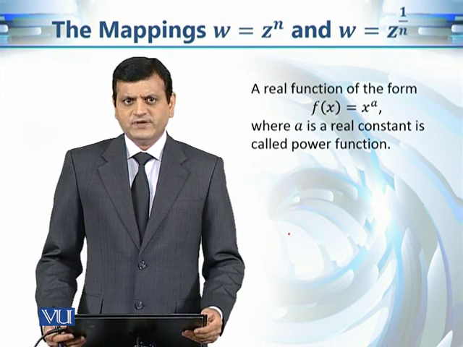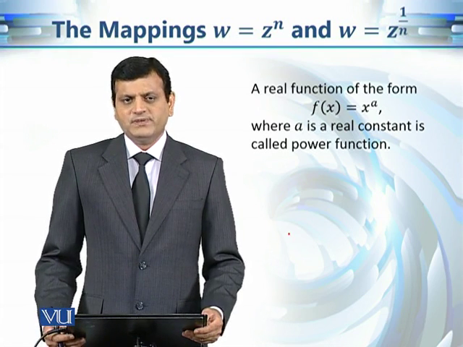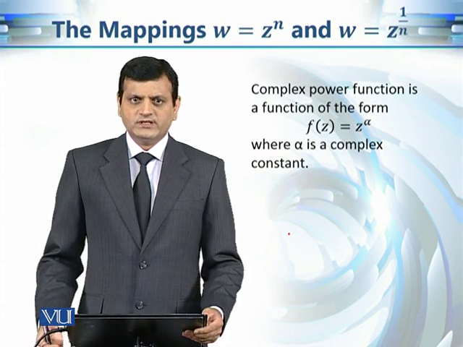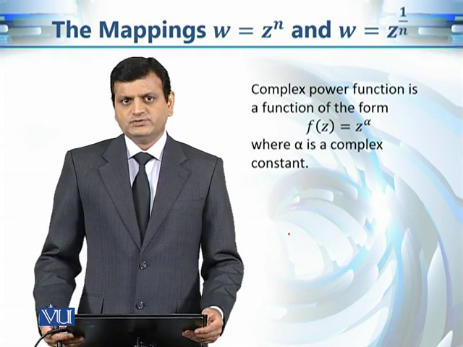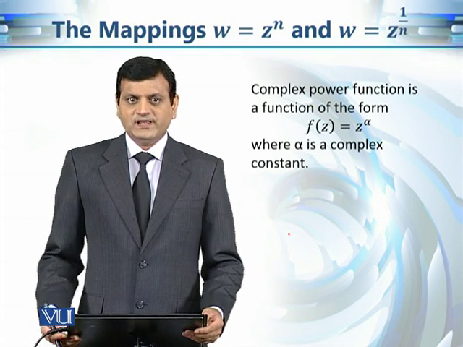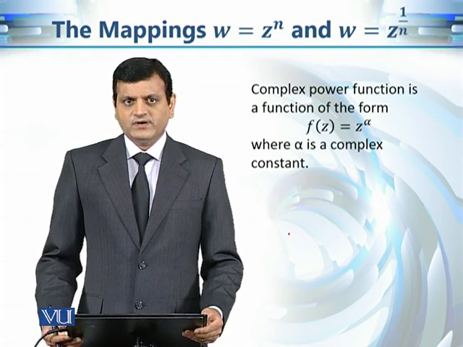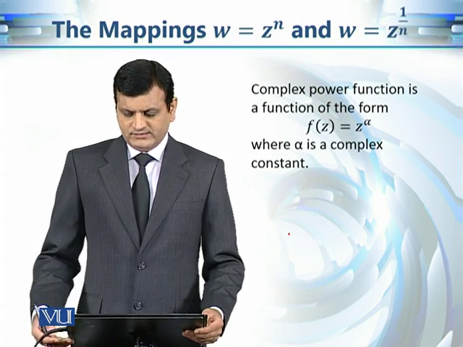When we transfer ourselves to the complex case, we have complex valued power functions, which are functions of the form z raised to power alpha. Here z is the complex variable, and alpha is any fixed complex number.